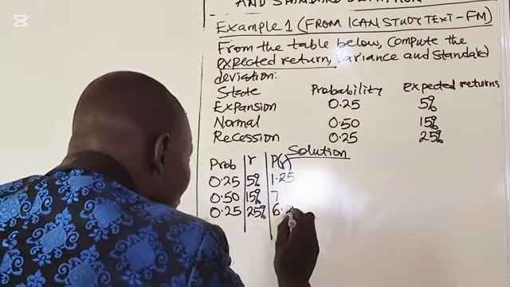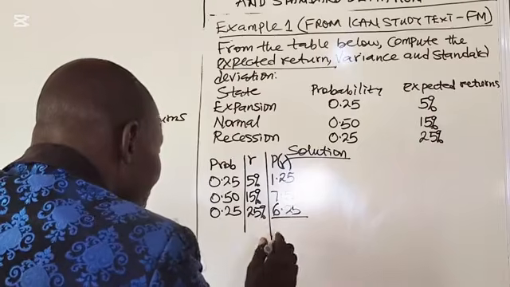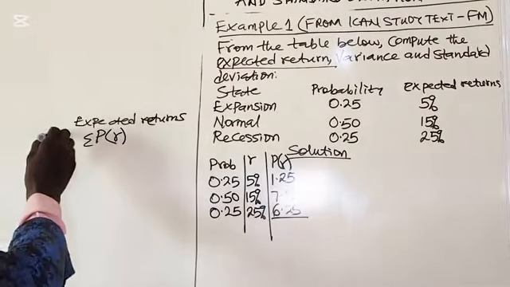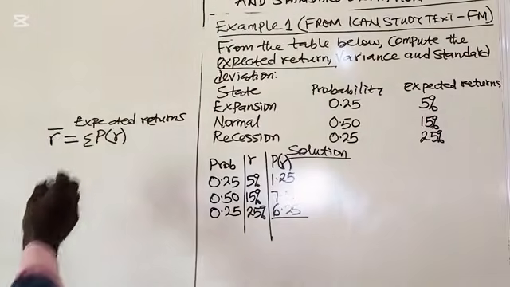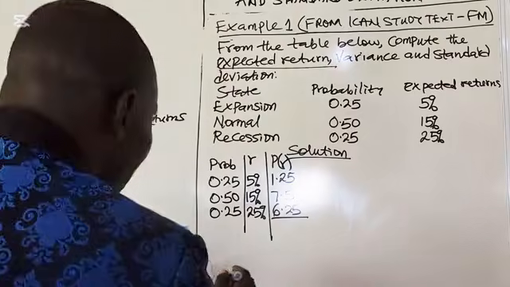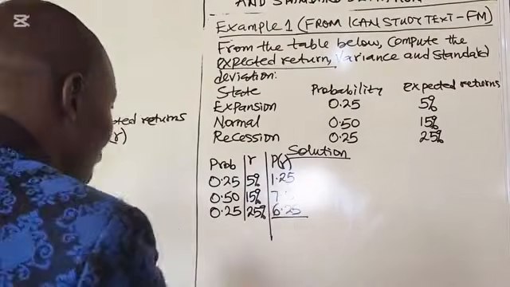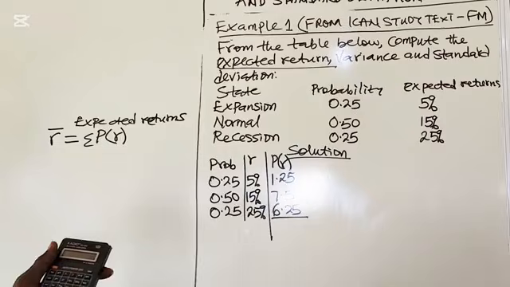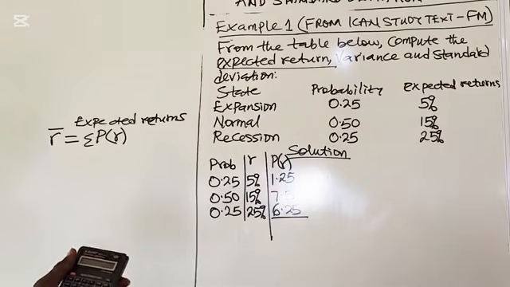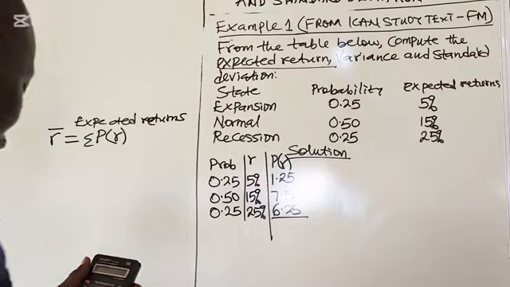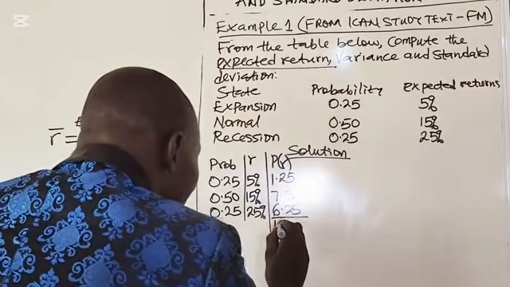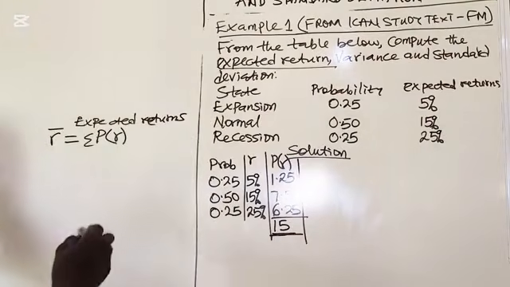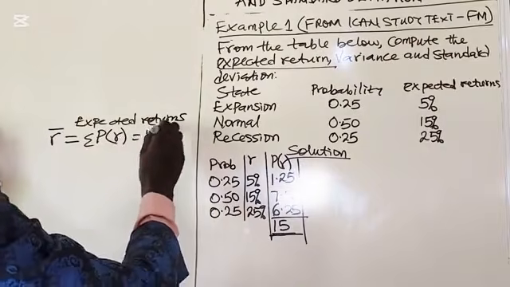If you sum it up, the expected return R bar is 6.25 plus 7.5 plus 1.25. We have the expected returns of 15%.